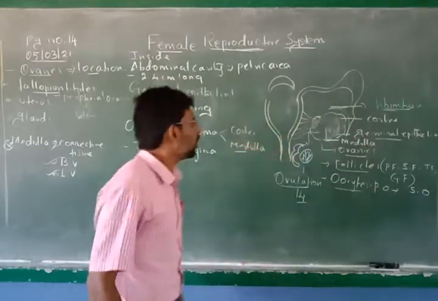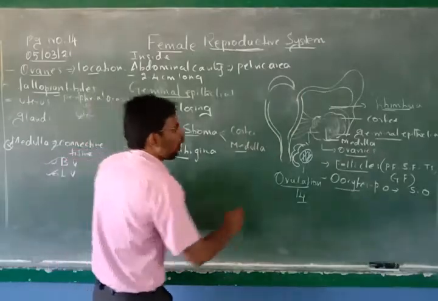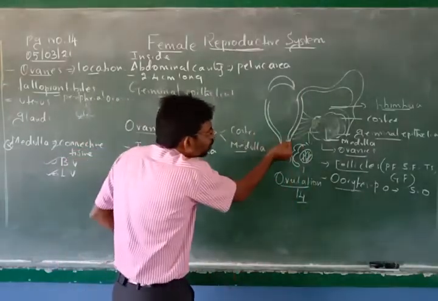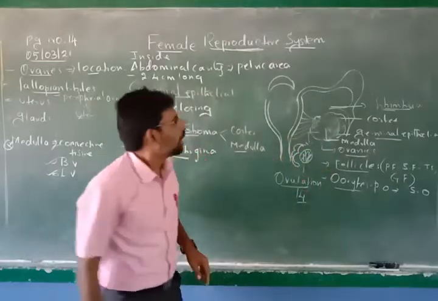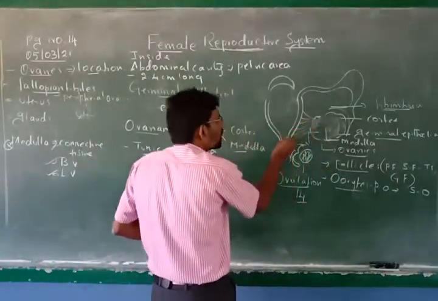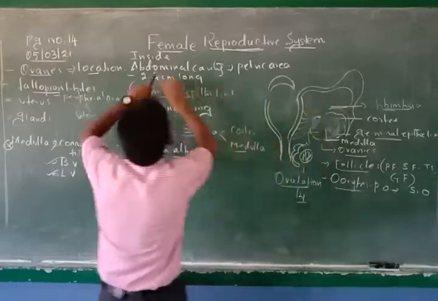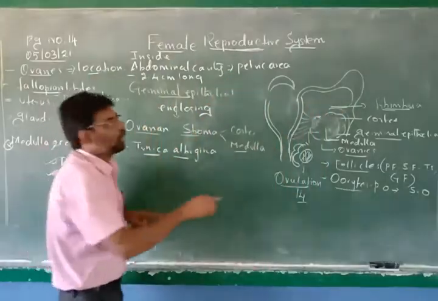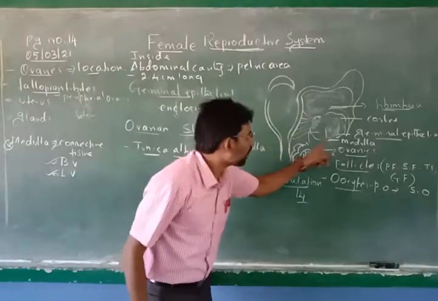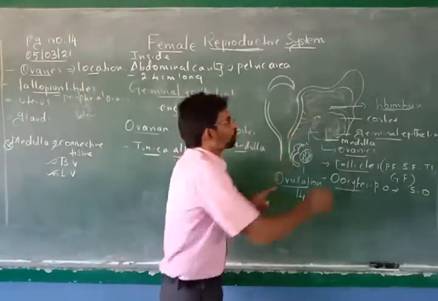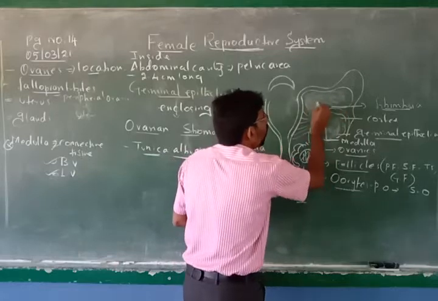Is that clear? Right. Now, see, this ovary will be attached to the uterus wall, the outer wall. Uterus is there, ovary is attached. So it is attached to the uterus, and this is all the abdomen because it is present in the abdominal cavity. So inside, every area is abdomen. So this ovary will be attached to this abdominal cavity or abdominal wall.